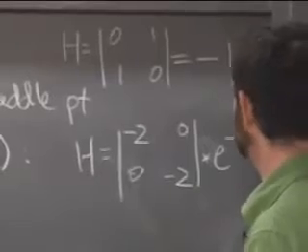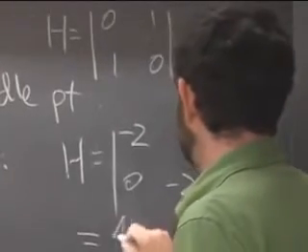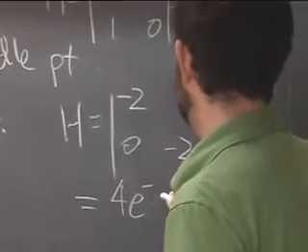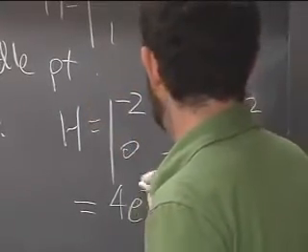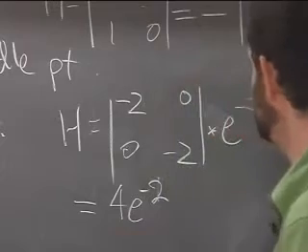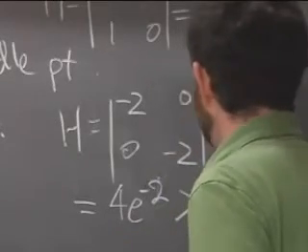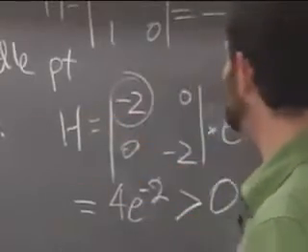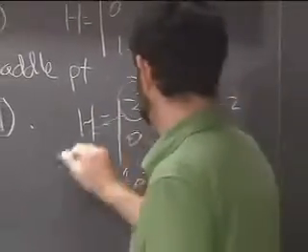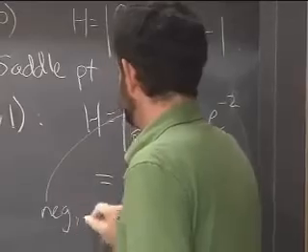You can double check that, but you're going to get 4e to the minus 1. Or is it e to the minus 2? E to the minus 2. So you get 4e to the minus 2, and the point is that that's positive. So you either have a local maximum or a local minimum. The sign of this is negative, so it's a local max.